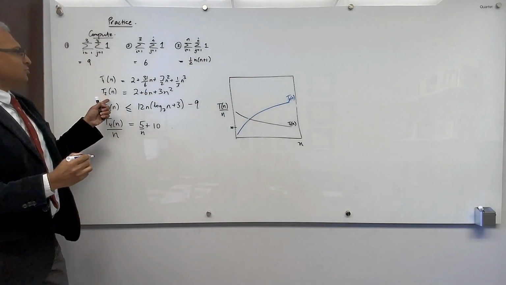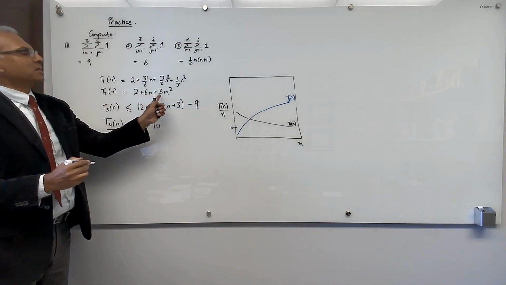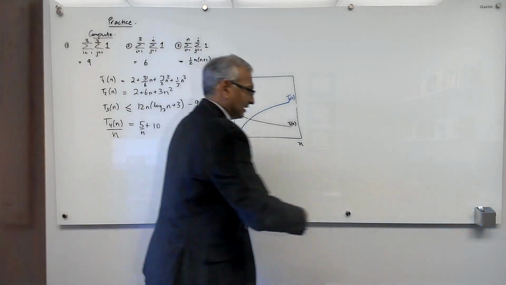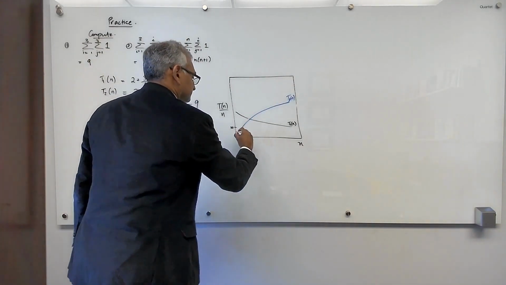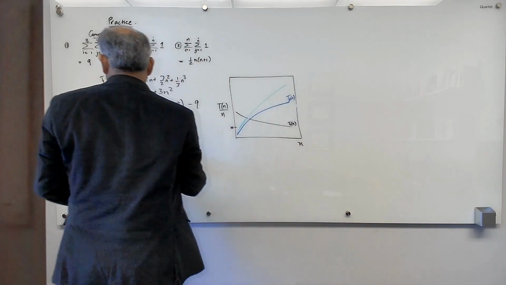If you divide T2 by n, you get 2 over n plus 6 plus 3n. So that's going to grow something like linearly with n. It's going to start out more than linear but approach linear.